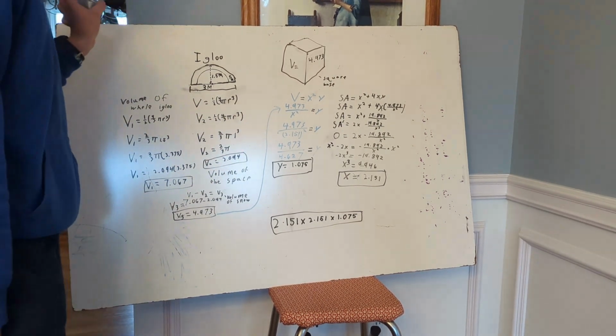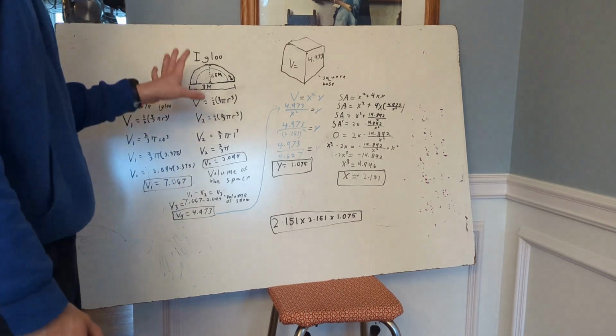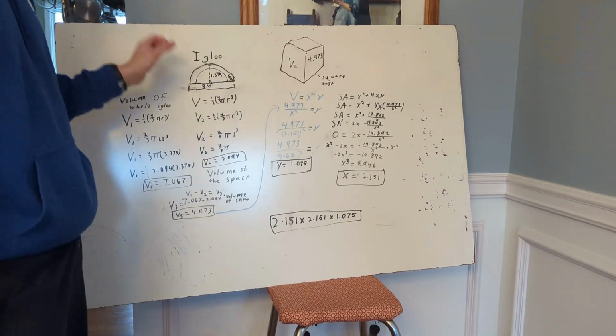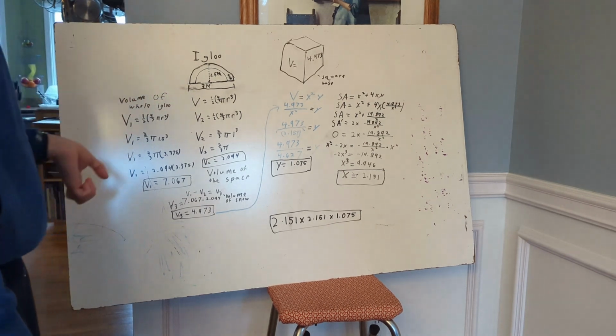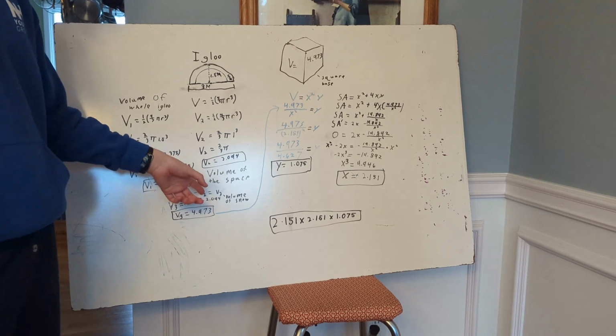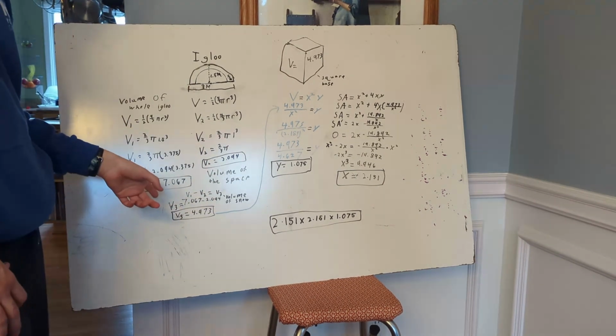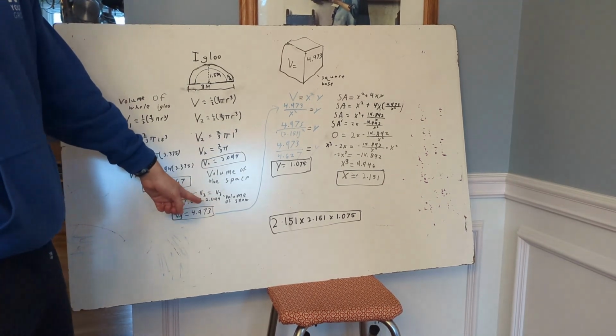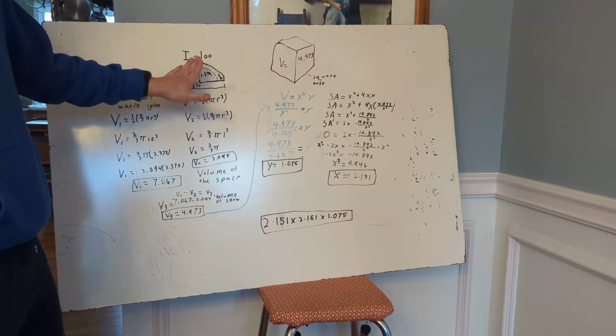Then we take the volume of the whole igloo and subtract the volume of the air in order to get the volume of the snow. So we have 7.067 minus 2.094, and we end up with 4.973. That's the volume of the snow.